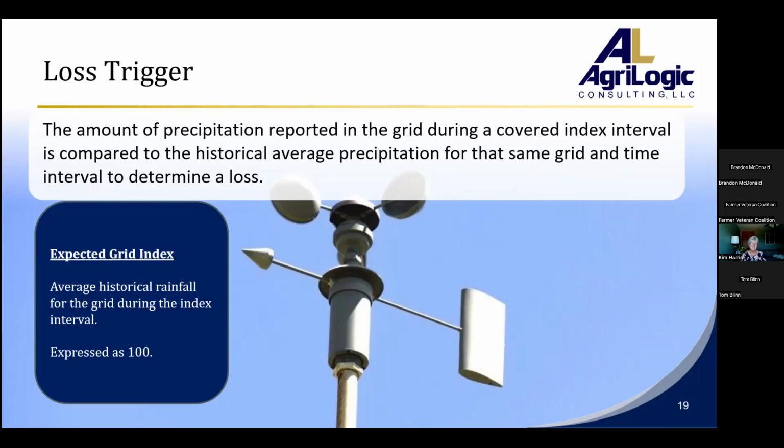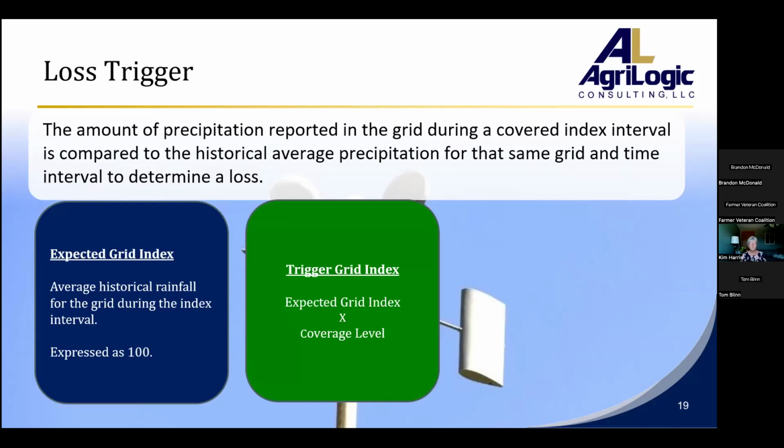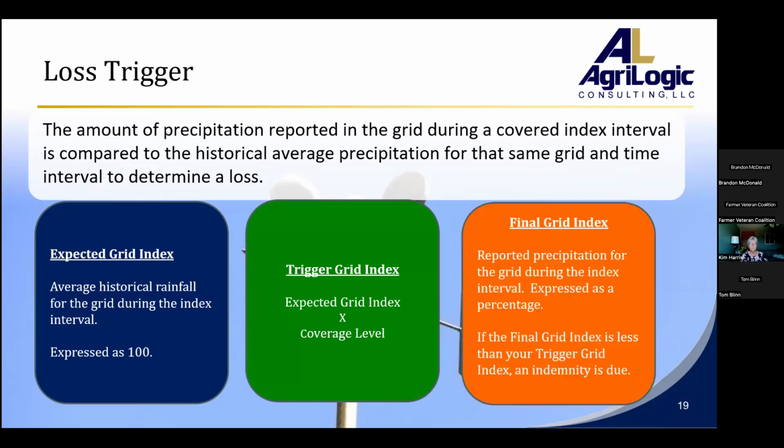It reflects the average historical rainfall for the grid during that period of time. The trigger grid index is that expected grid index times whatever coverage level I elected. And then the final grid index is the index of what rain actually fell in that grid during that time frame. And it's expressed as a percentage, so a percentage of average.